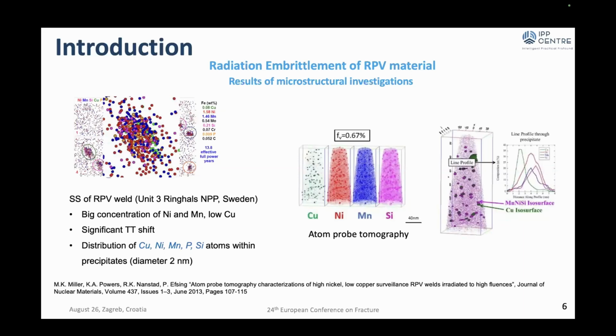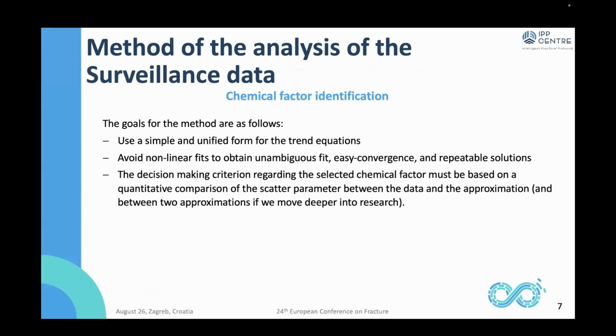But until now, in WWER countries, there is no chemical composition incorporated into the radiation embrittlement assessment. So the main goal of this work is to define the chemical composition effect for the WWER-1000 RPV base metal.